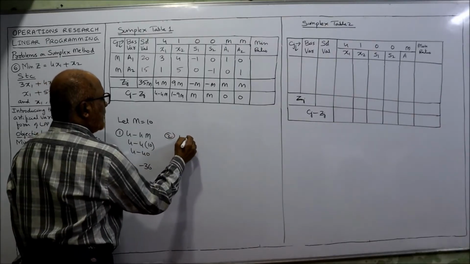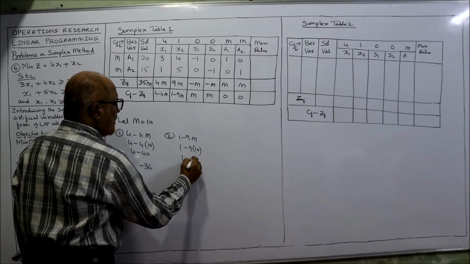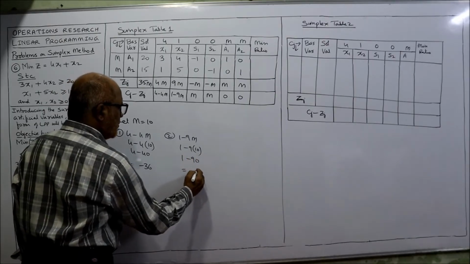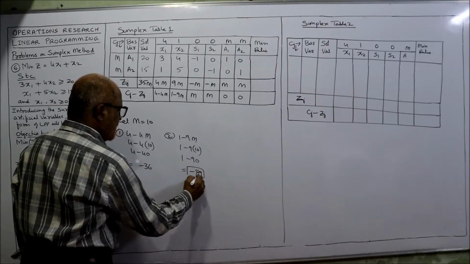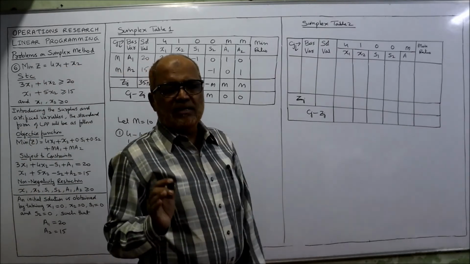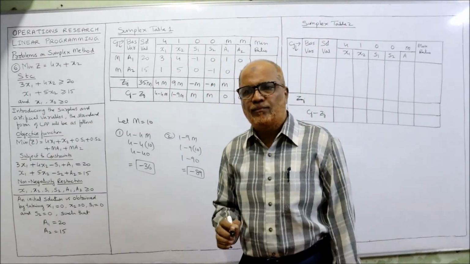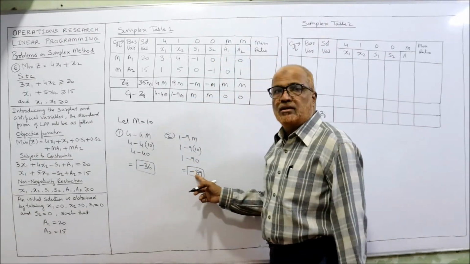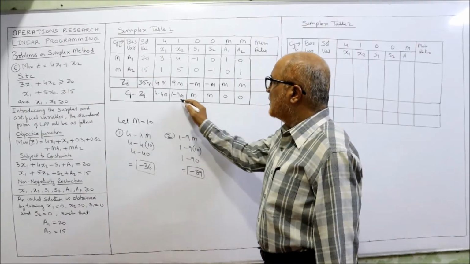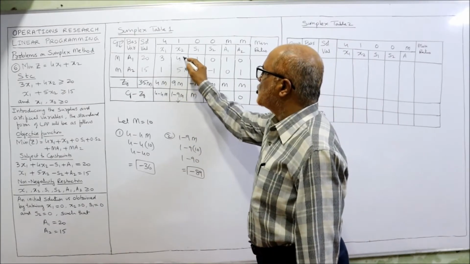Secondly, 1 minus 9M, 1 minus 9 into 10, 1 minus 90 is equal to minus 89. Now which is the most negative? Minus 36 is most negative or minus 89 is most negative? Minus 89 is most negative. So 1 minus 9M, this is the entering variable for the next iteration.